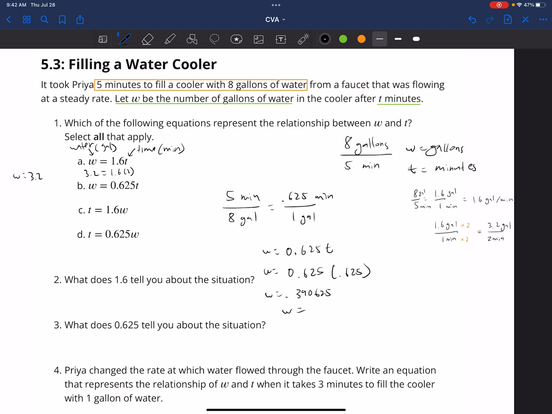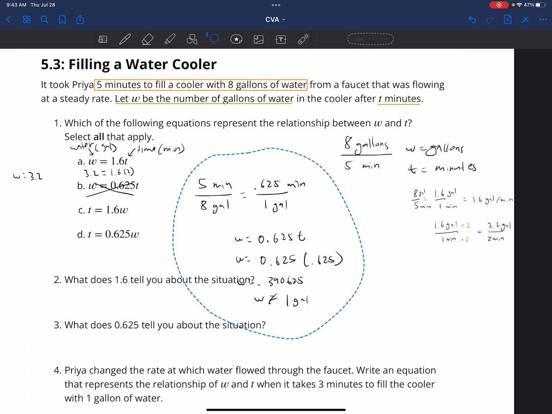That definitely does not equal 1 gallon. So this equation does not work. So B actually does not work, because when we put 0.625 into this equation, it does not give us 1 gallon.